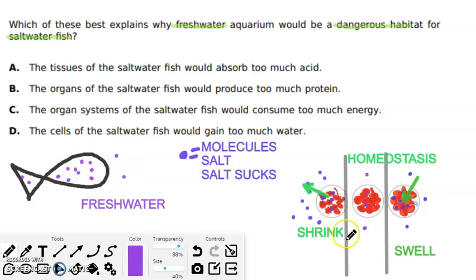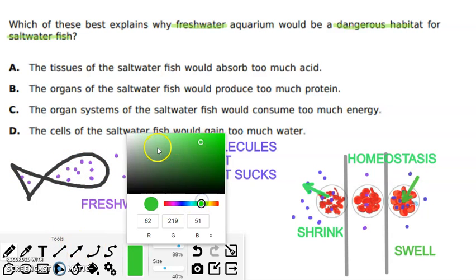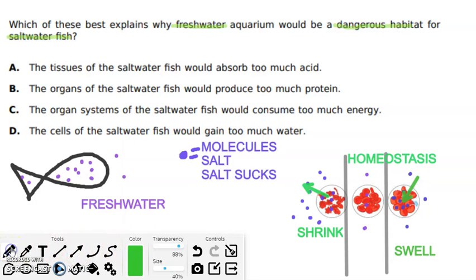So think about what we talked about over here, about the arrows. And here our fish has a whole bunch of salt in the inside. All right, so in the question, what is going to happen to that water? Remember, salt sucks. Is that water going to go to the outside or to the inside? So go ahead and answer the question.